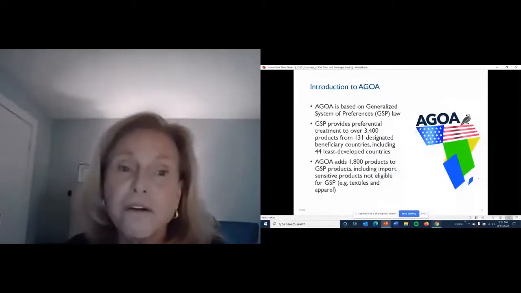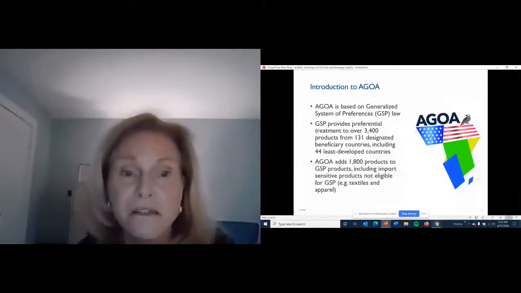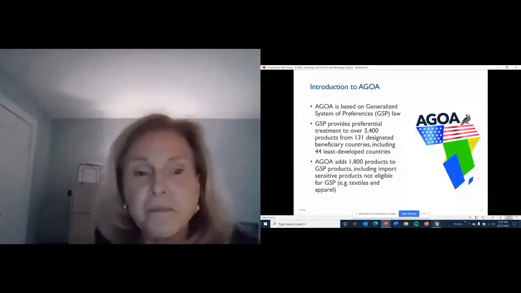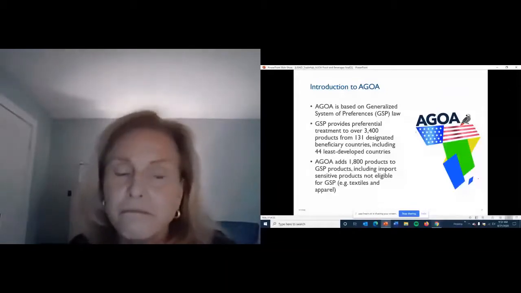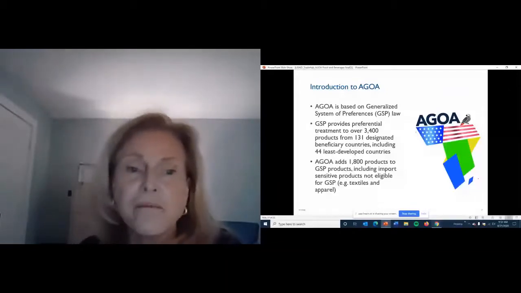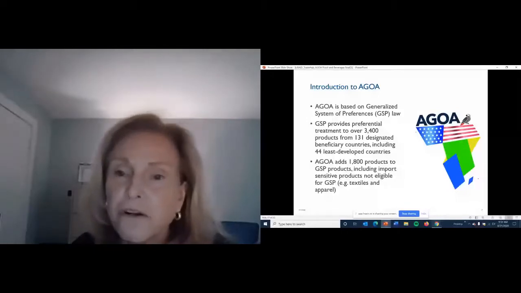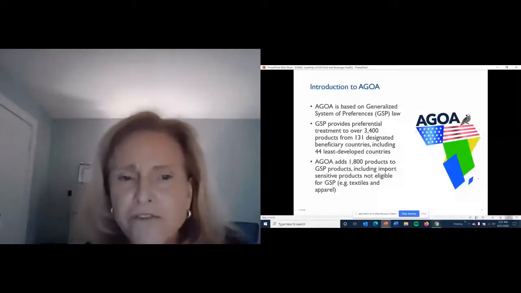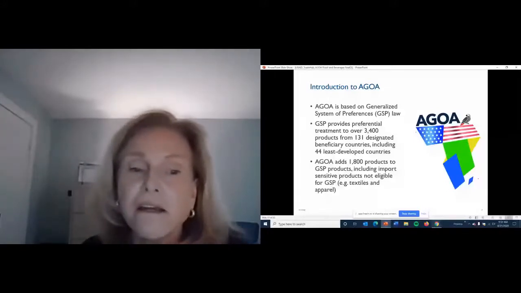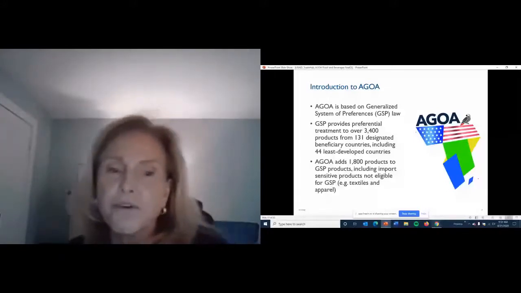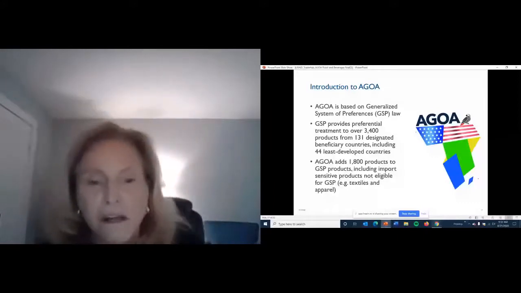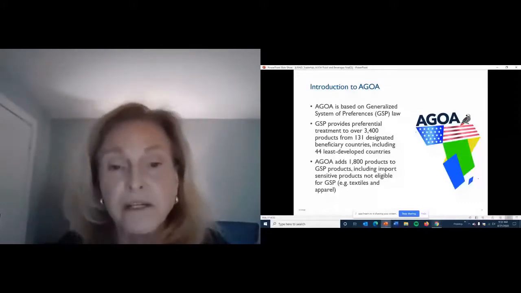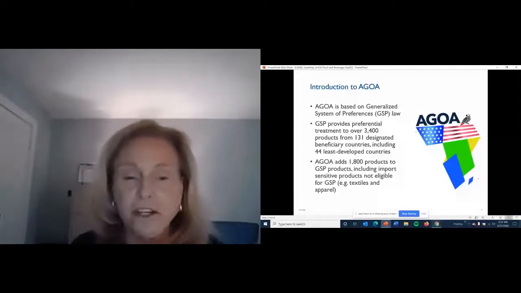Now I'm going to turn to AGOA, and it's generally based on the GSP system. GSP has been around for many years, 40, 50, I'm not sure how many. It applies to countries all over the world, and they are all sort of lesser developed countries. This program has been used for years and years, but it doesn't apply to things like textiles.